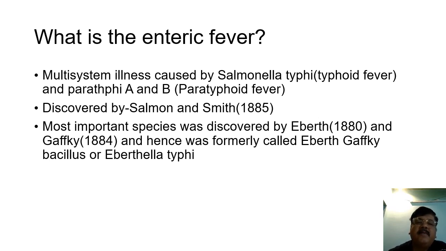Salmonella was first discovered by Salmon and Smith in 1885, and the most important species was discovered by Eberth in 1880 and Gaffky. Therefore Salmonella typhi was called the Eberth-Gaffky bacillus, and previously the name was Eberthella typhi.